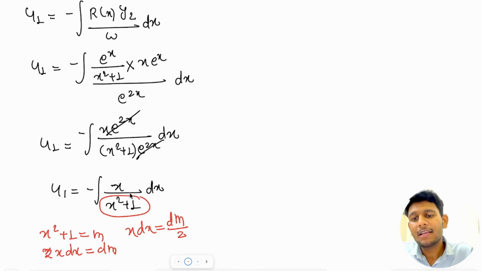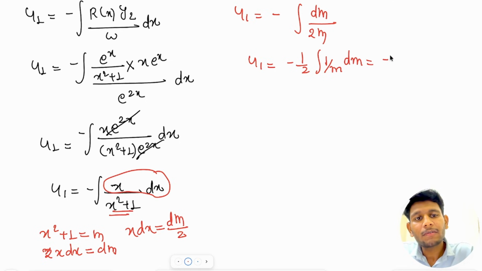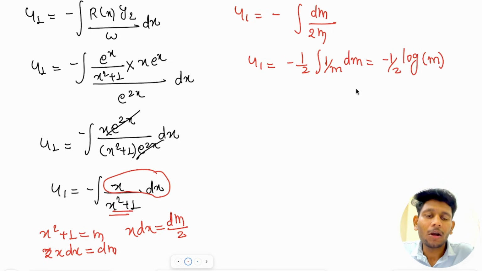Here it is x dx. So now your u1 is equal to minus integration of dm by 2 into m, because you are considering it as m. It will be u1 is equal to minus 1 by 2 integration of 1 by m dm, and the integration will be log of m, or you can write it as log of 1 by root m.